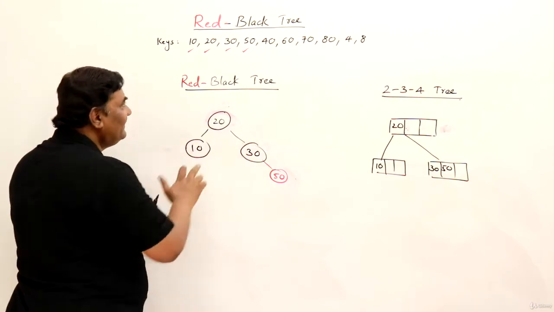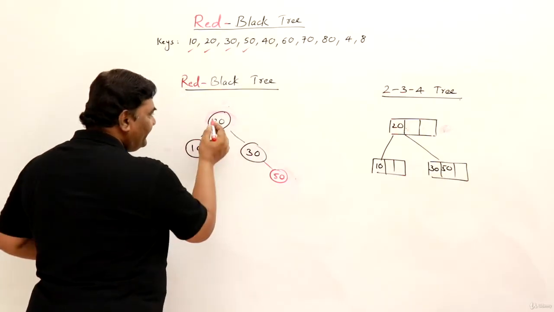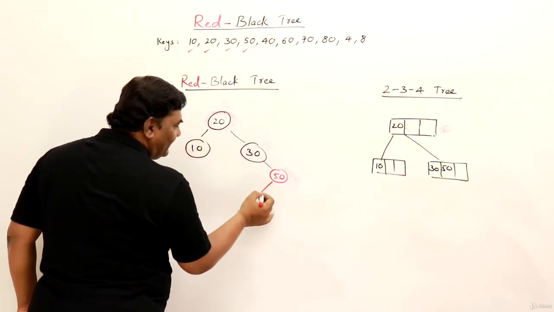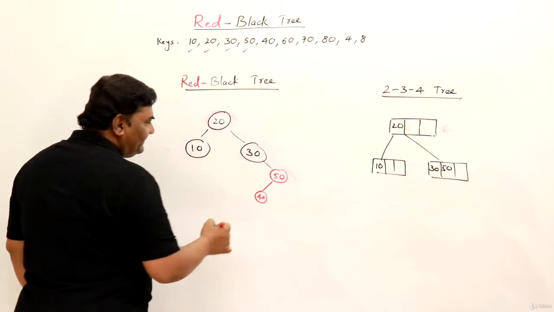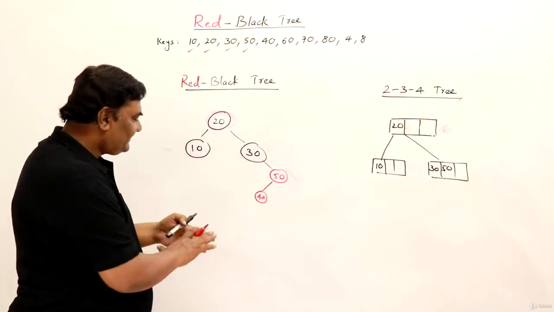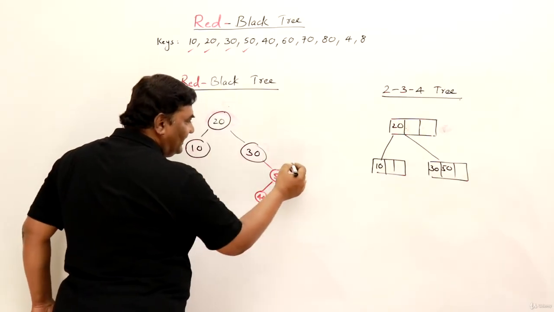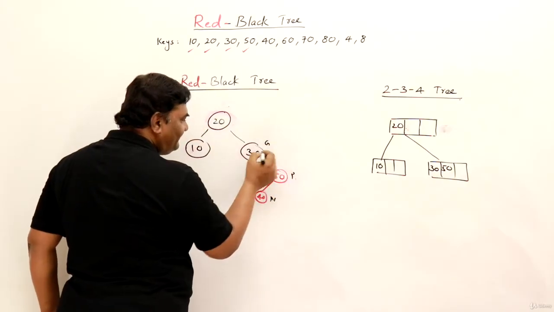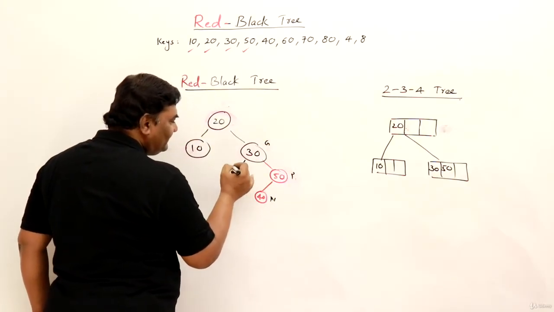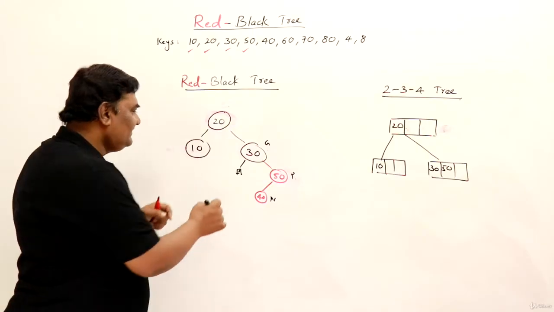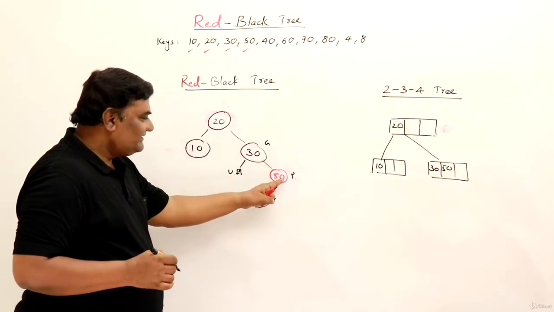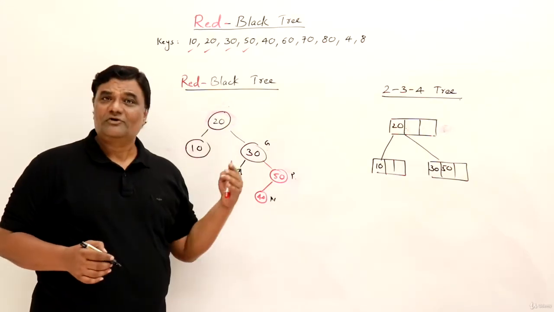The next key is 40. 40 comes where? 40 comes as the left child of 50. Now this is a red conflict. This is the new node, this is the parent, this is the grandparent, and this is the uncle. If you check the colors, the parent is red and the uncle is black. So perform rotation.